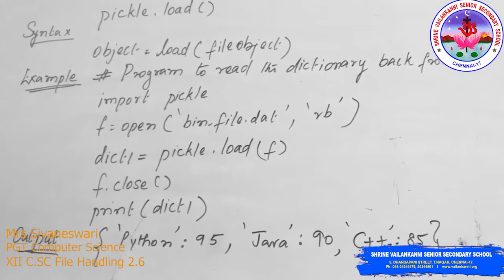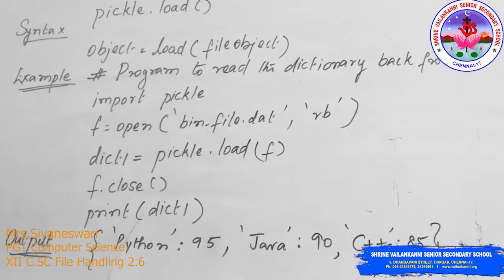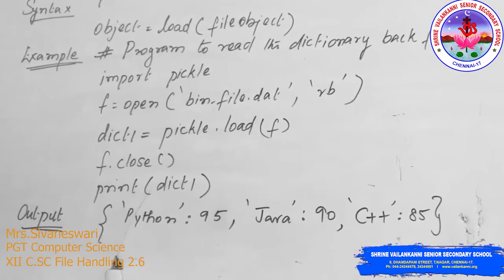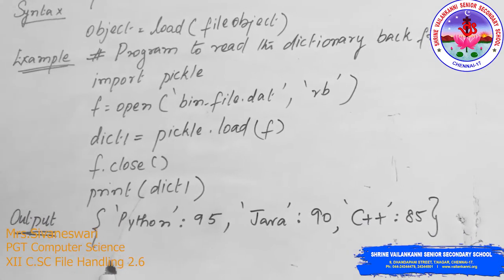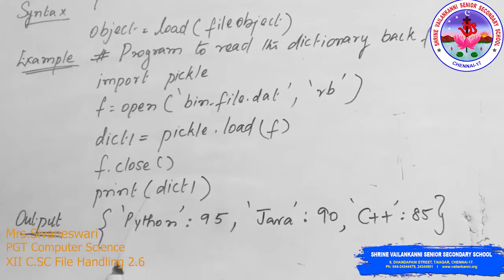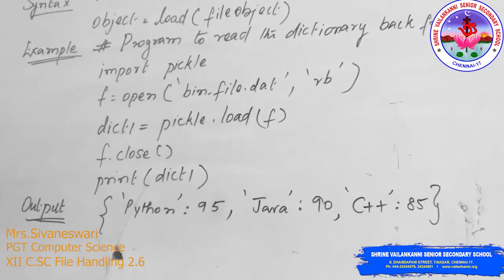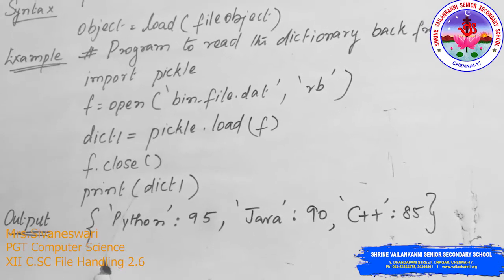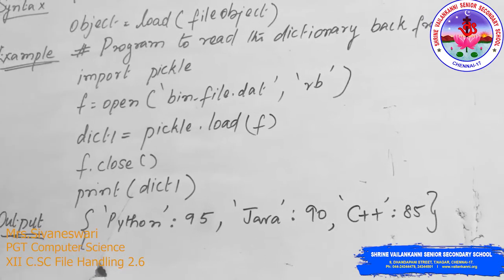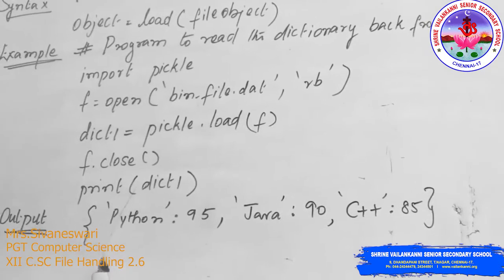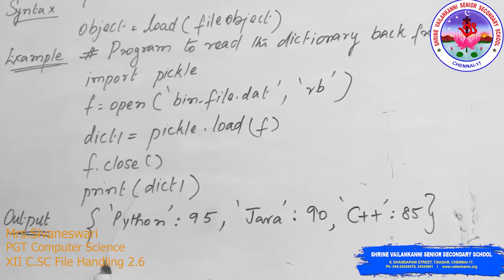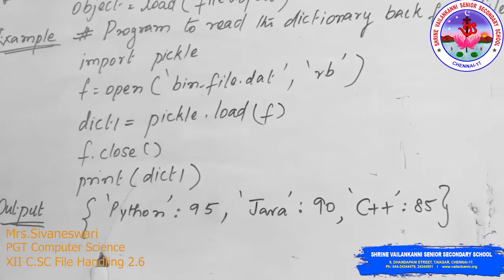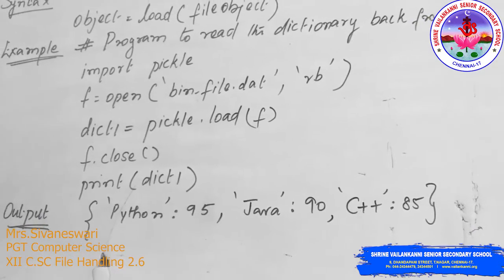Example, program to read the dictionary back from file. Import pickle, F is equal to open of bin_file.dat, RB is read mode of the binary file. dict1 is the object, equal to pickle.load of F. F is the file object through which bin_file is pointed. Then we close the file, F.close().